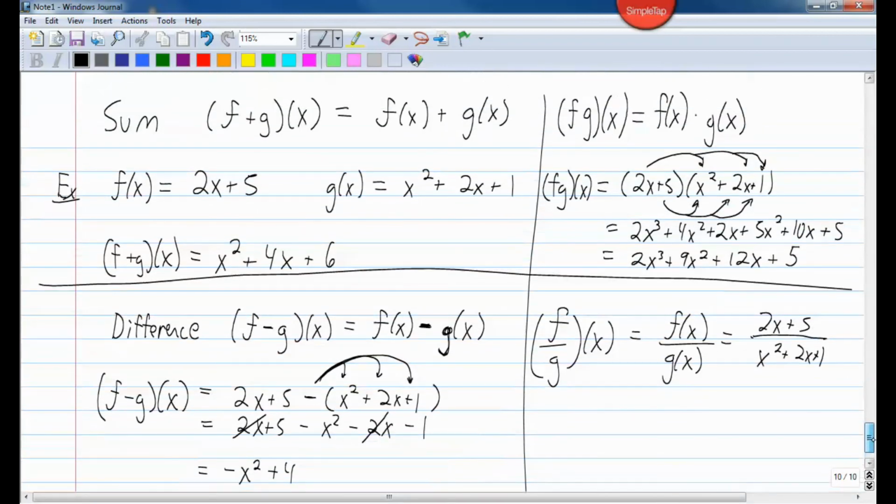Alright, what if I took all 4 of these problems that I just worked out and I said state the domain? That means find the domain of your answer. Look at this first one, the sum. There's no denominator, there's no radical. So the domain for f plus g of x is all real numbers, negative infinity to positive infinity.